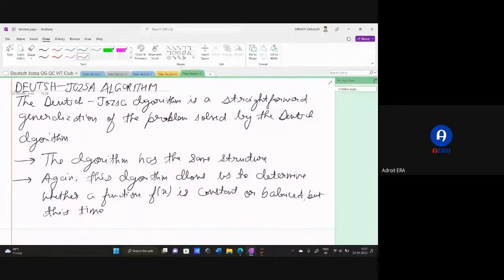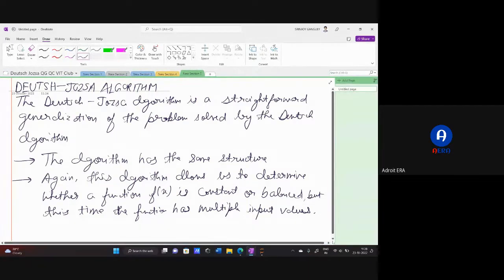So it will get more clear. The function has multiple input values.